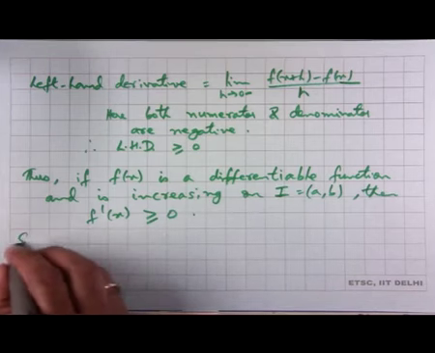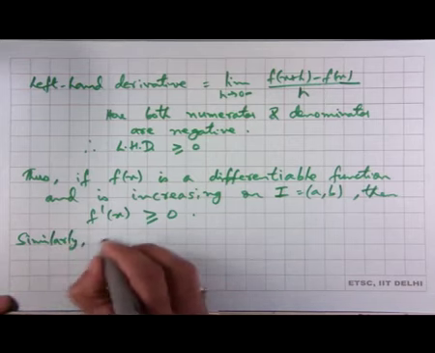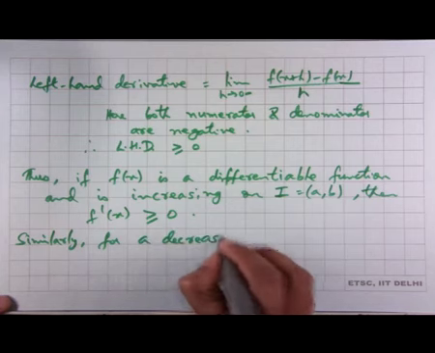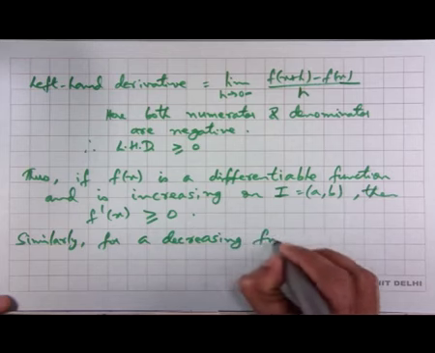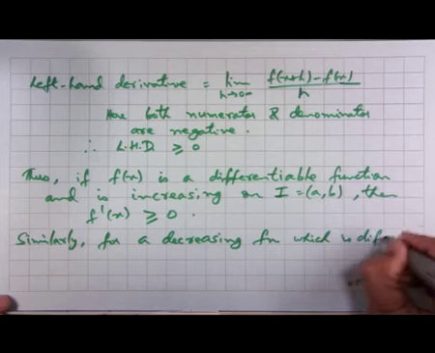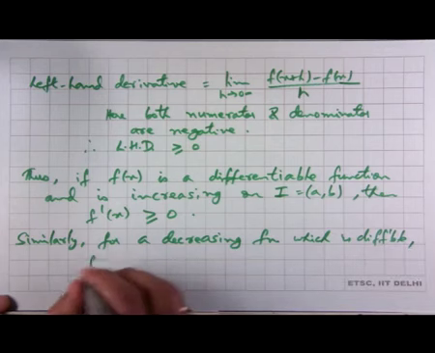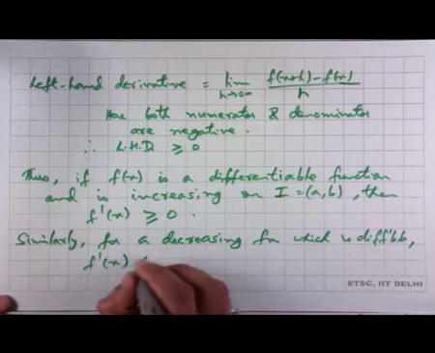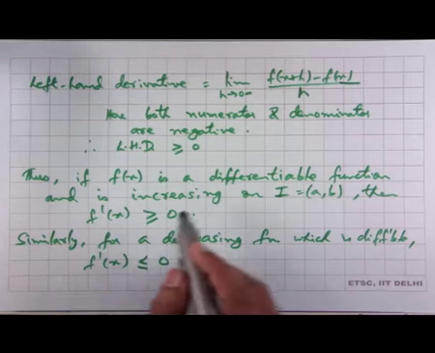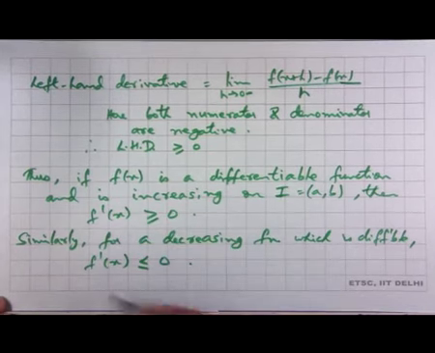Similarly, for a decreasing function which is differentiable, f prime x must be less than or equal to 0. So, if it is increasing, then the derivative is greater than or equal to 0, if it is decreasing, then the derivative is less than or equal to 0.